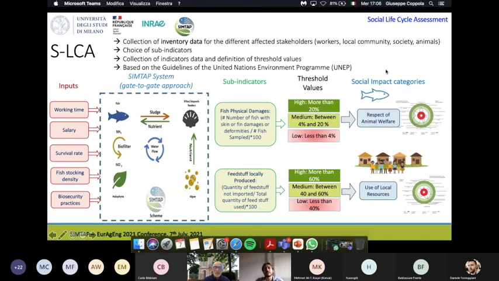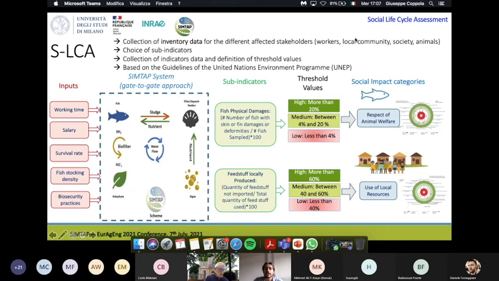The social life cycle assessment is a kind of analysis which is a bit different from the preceding two, because it is in a way less quantitative, it is more qualitative. The methodology is based on the guidelines published by the United Nations Environment Programme in 2019, and the aim of the analysis is to evaluate which social impacts are generated on the stakeholders considered by the activities carried out within the SIMTAP system.